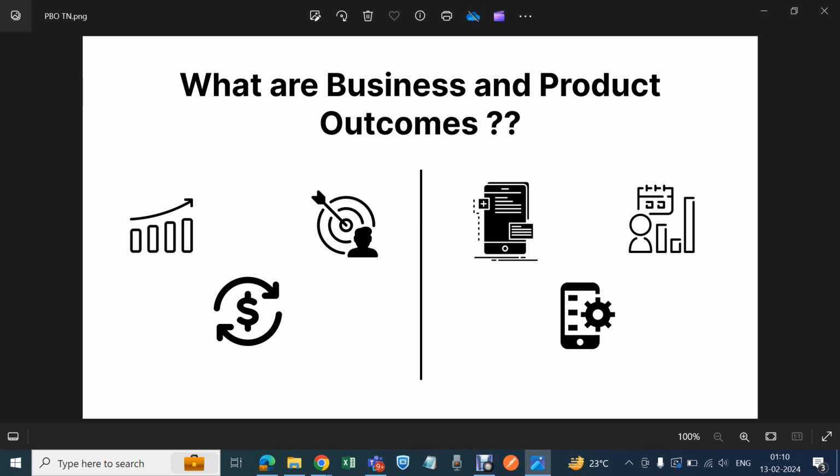Just to clarify the difference between these two terms, I want to give you a brief overview of what they exactly mean. A business outcome is a metric that moves the business forward, while a product outcome is a metric that helps us understand if the product is moving the business forward or not.